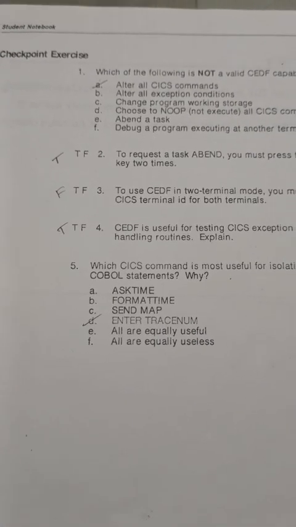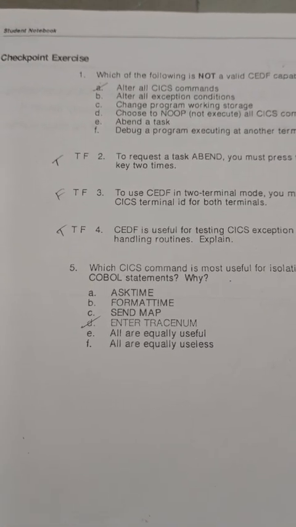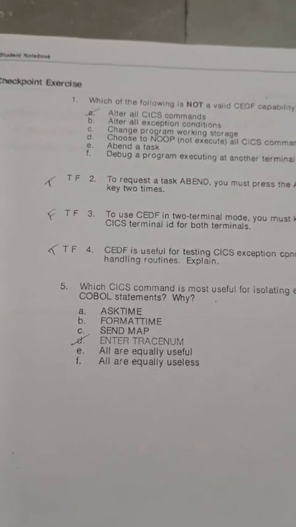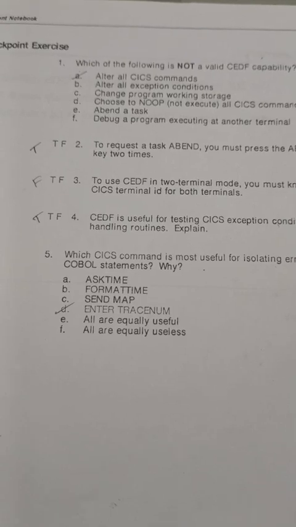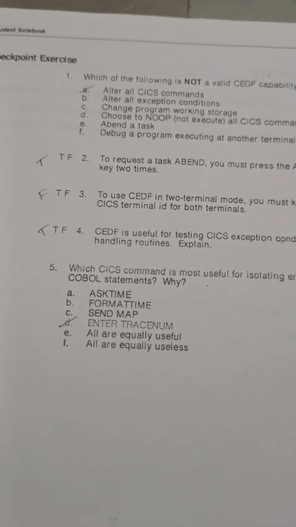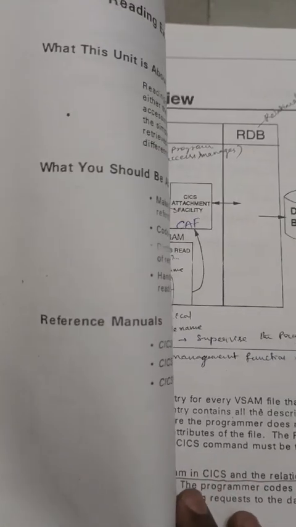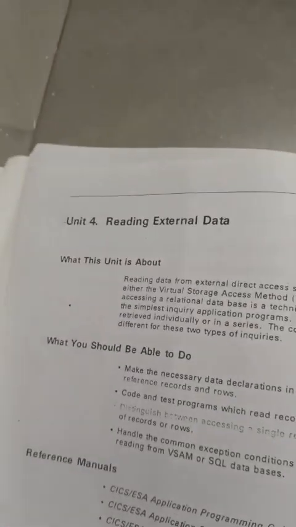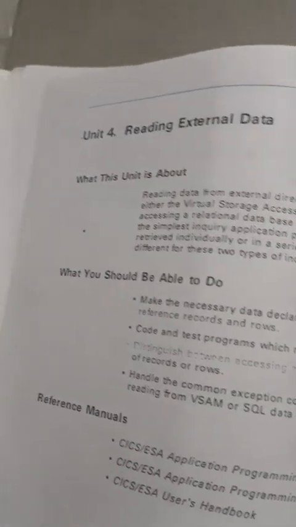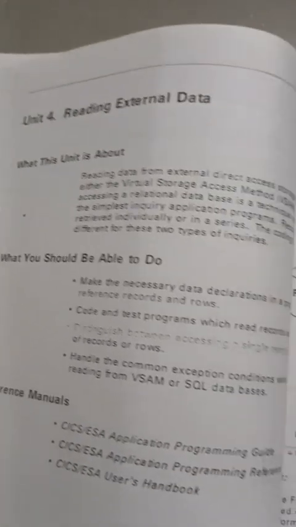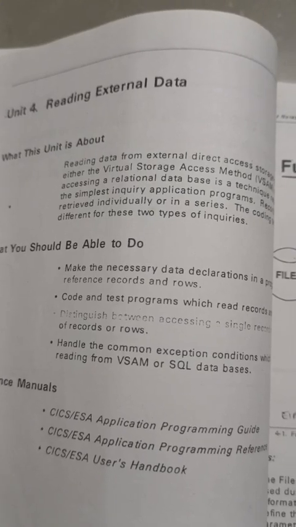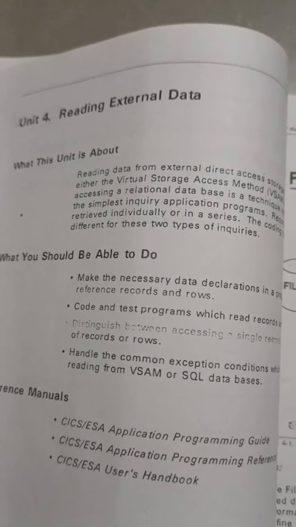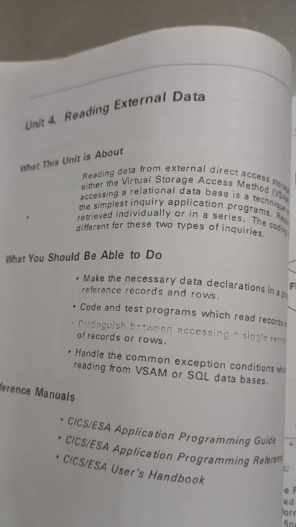That's all, friends, on how to test the program using the CEDF command on the CICS screen. Tomorrow we will discuss how to read external data using files, and how to read data from a SQL database table in the next session.